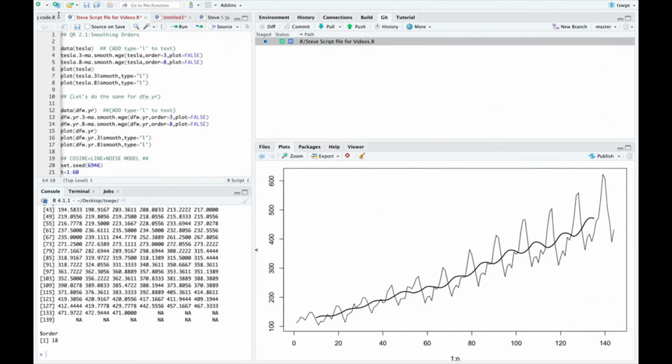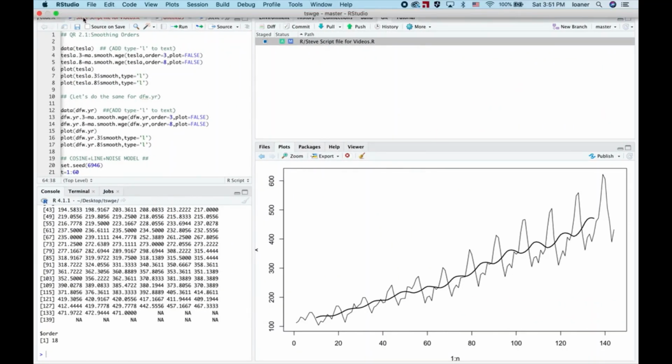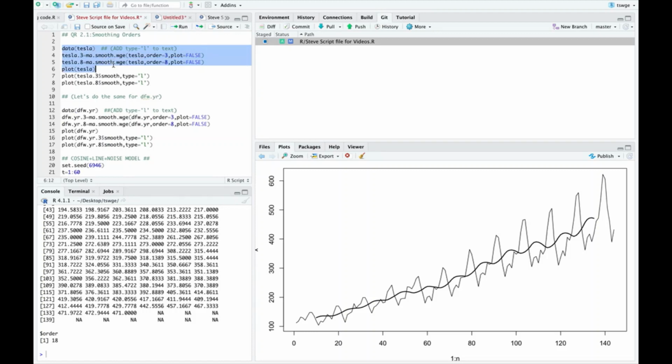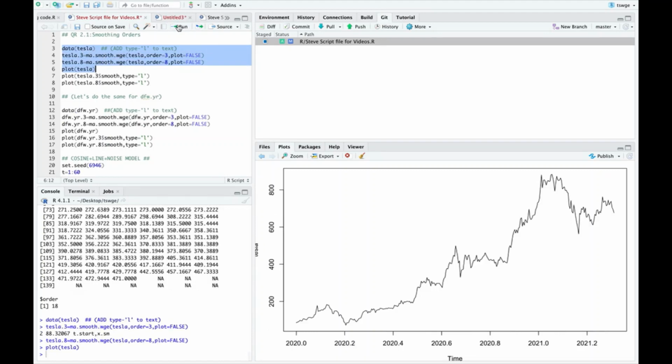Okay, so here we are looking at smoothing orders, and the first data set that we'll look at is the Tesla data. Recall that that is stock prices of Tesla, ranging from January 1st of 2020 through April 30th of 2021. So let's just plot it first of all and remind ourselves of what that looks like.